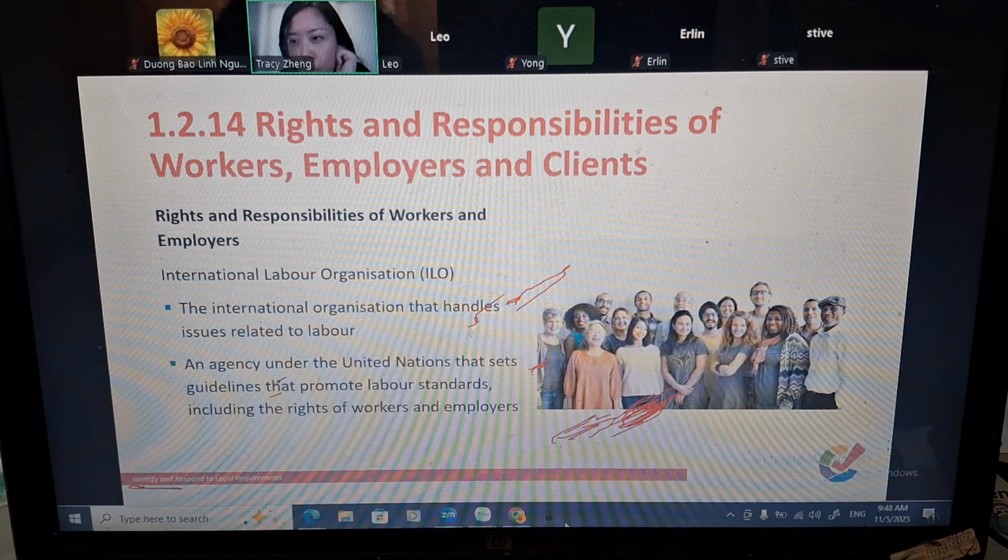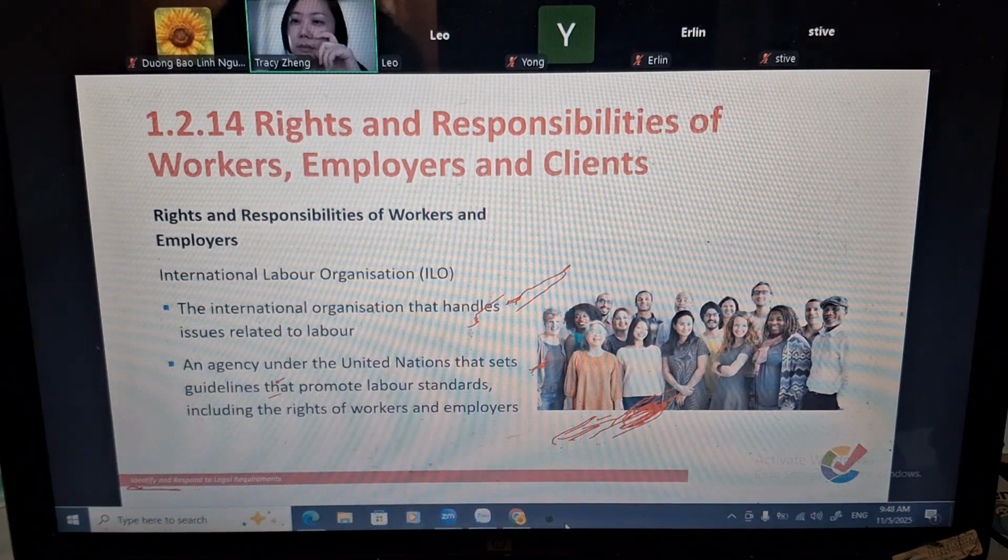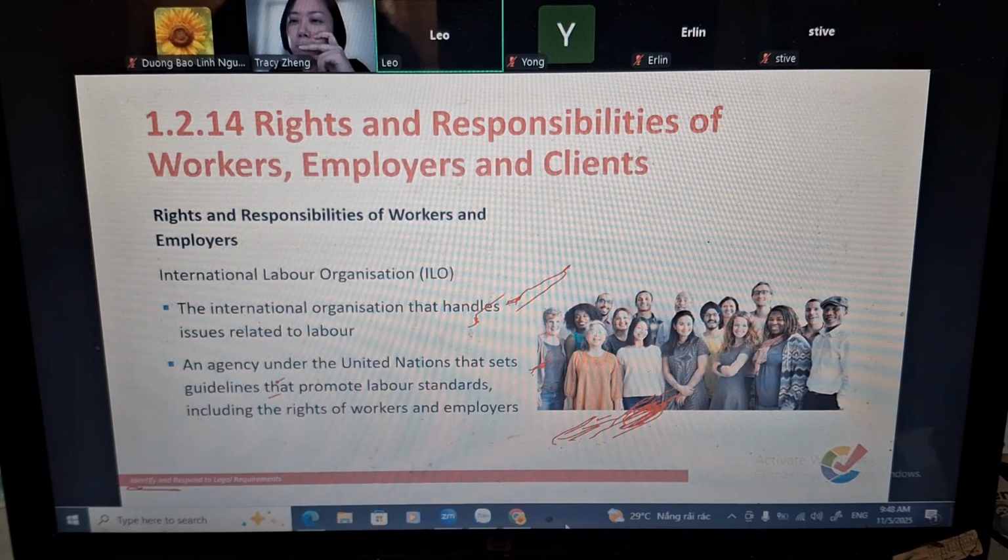Supporting the clients how? Like emotional support, or making sure the client is safe. Okay, yeah, so to make sure we provide high quality care and services to our clients and ensure their safety. Yeah, good. That is part of our responsibility.